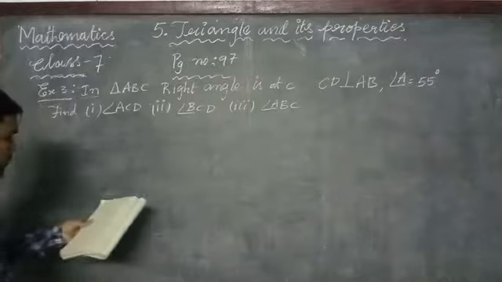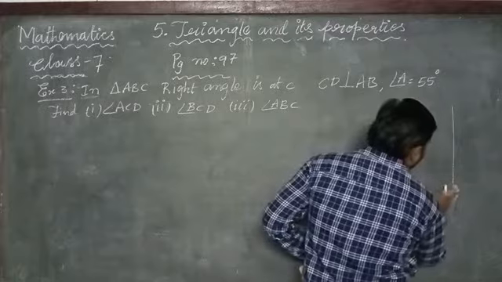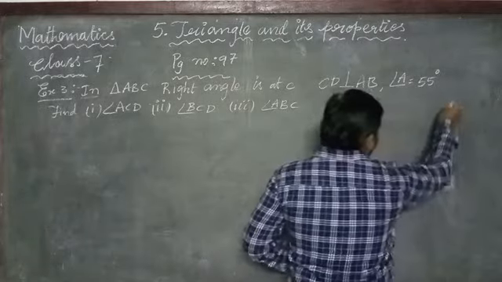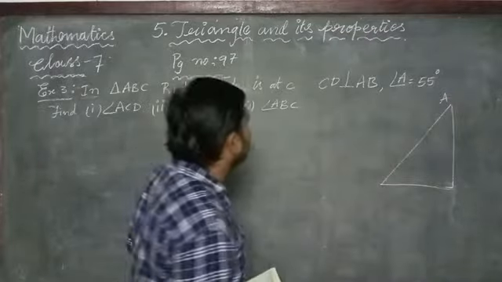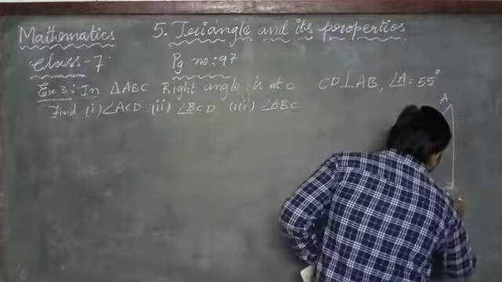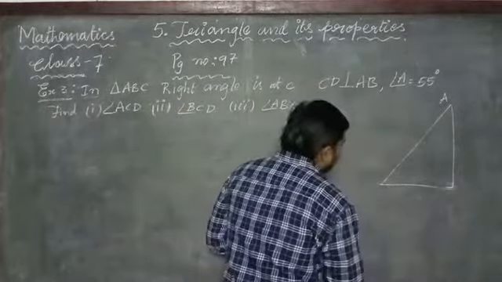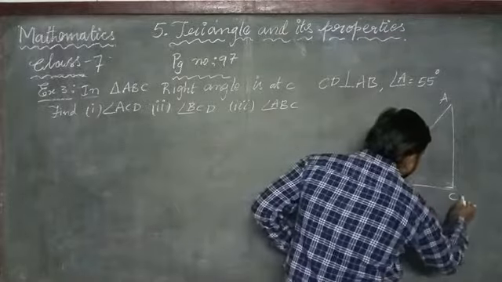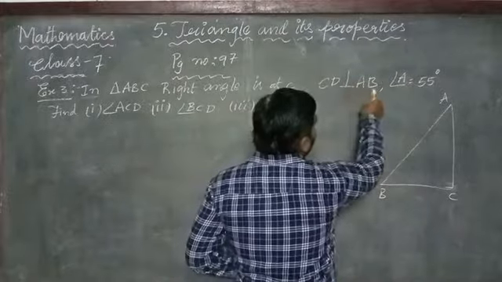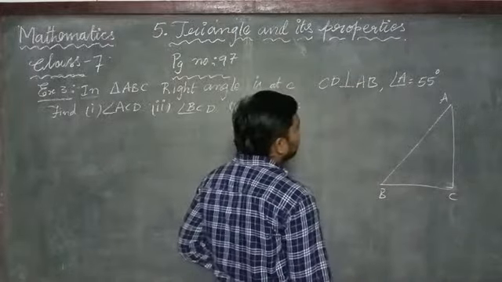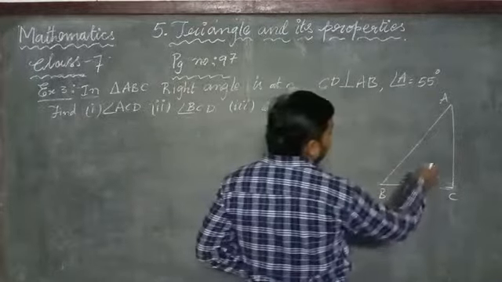Okay, now they had given a triangle. Triangle ABC. In triangle ABC, the right angle is at C, and CD is perpendicular to AB. Perpendicular means CD is the line segment which is making 90 degrees with the line segment AB.